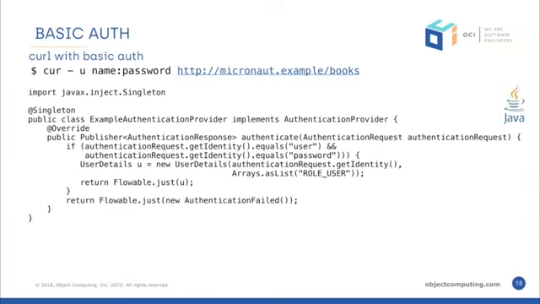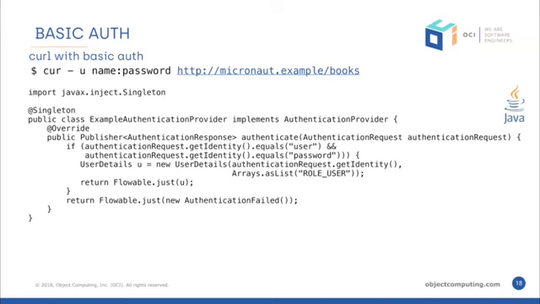So here I have an example. At the top, I have a curl command where, if you use -u, it basically does a basic auth. So I am doing a basic auth against this endpoint.